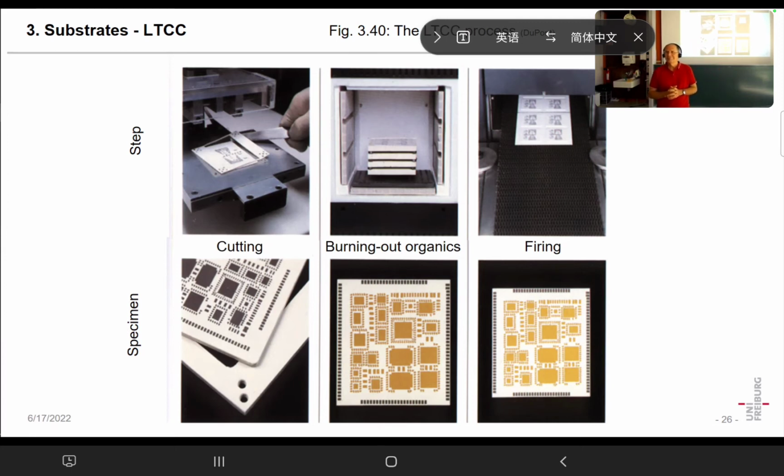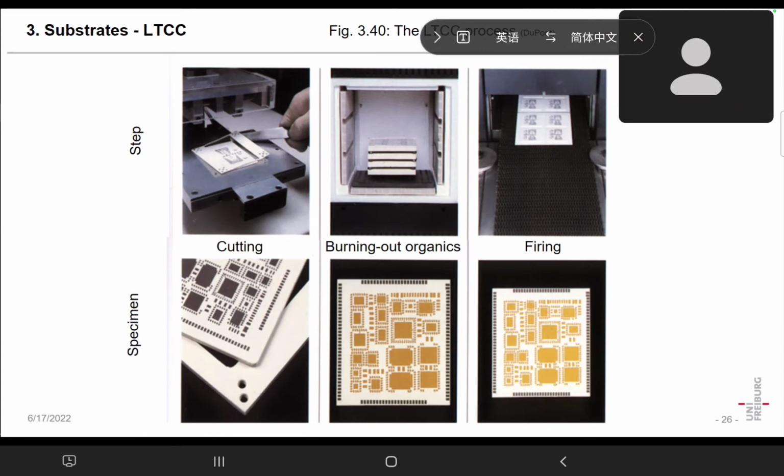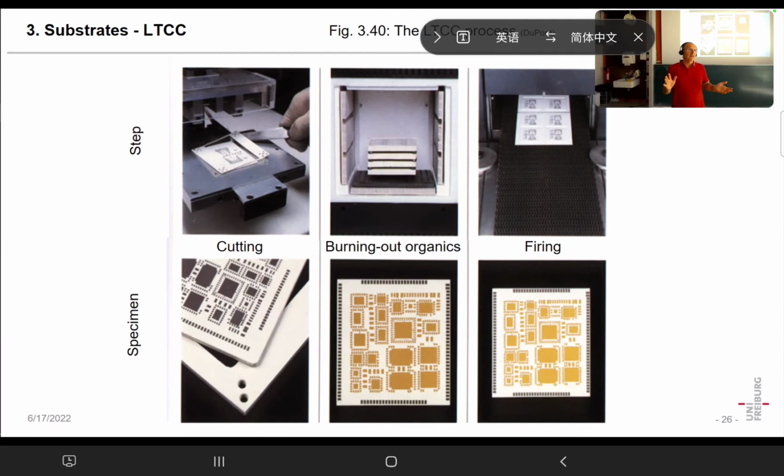Why? Sorry? Yeah, but that's not the relevant point, because that's also in normal thick film. Also not, but imagine you put on a device like a surface mounted device.